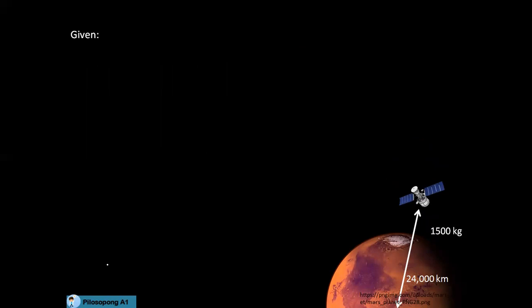Okay, let's have our given. So we have the mass of the satellite, that is 1,500 kilograms. And then we have the distance between the two objects, that's 24,000 kilometers.